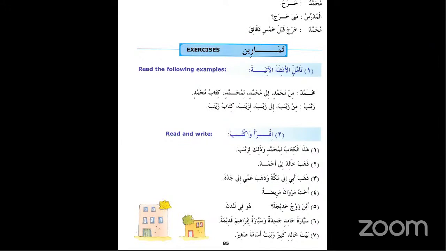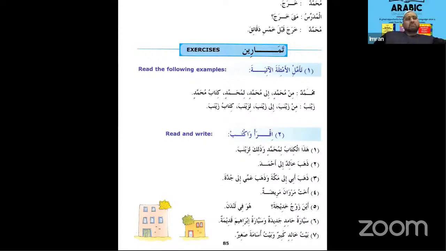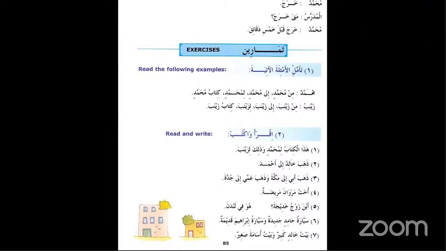Zainabu min Zainaba ila Zainaba li Zainaba kitabu Zainaba. Because Zainab is a name or diptote, it does not take anything but fatha.